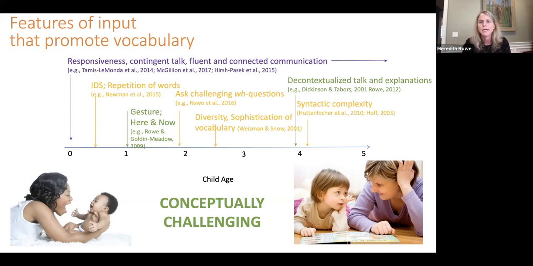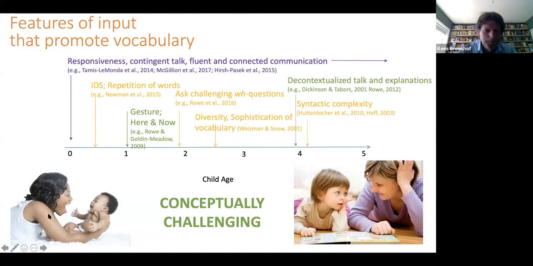Right there, right? And then with 2-year-olds, a lot of the what questions we tend to see. And then when children get older, the whys and the hows kick in and can be useful at promoting talk beyond the book. Does that help? Yes, great. Thank you. Okay.